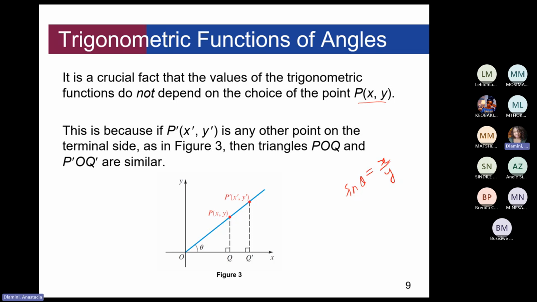This is because if you choose a new point, let's say this triangle here, you see there's a first right-angled triangle there, and then there's a second one where the point is P prime. So they say this is because if P prime is any other point on the terminal side, as in figure 3, then the triangle POQ, this small triangle I'm highlighting, and P'OQ', the big triangle, are similar.